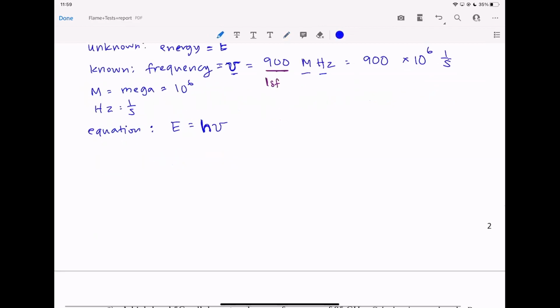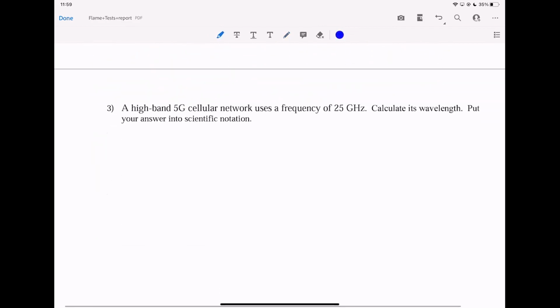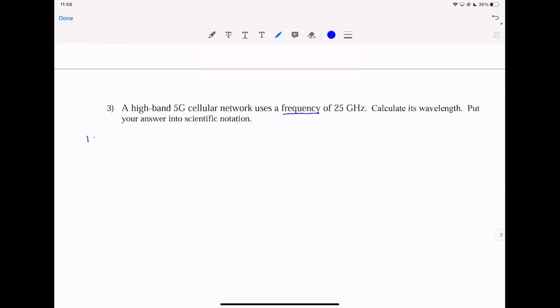Okay. So looking at number 3, the preview of number 3 is you've got a high band 5G cellular network that uses a frequency. So the first thing that pops out is the unknown, which is your frequency. And the frequency is that symbol nu. And this is the number value 25 GHz.